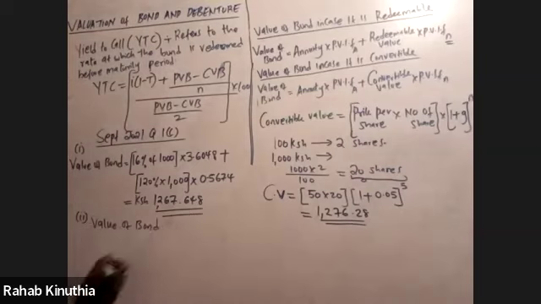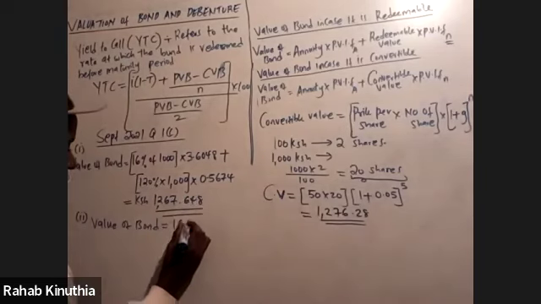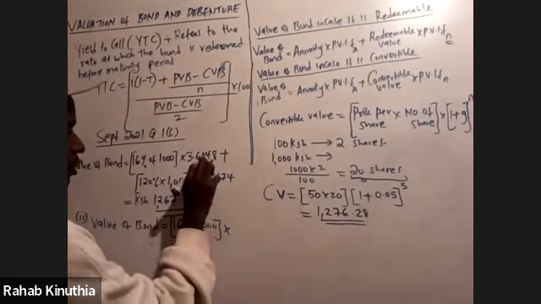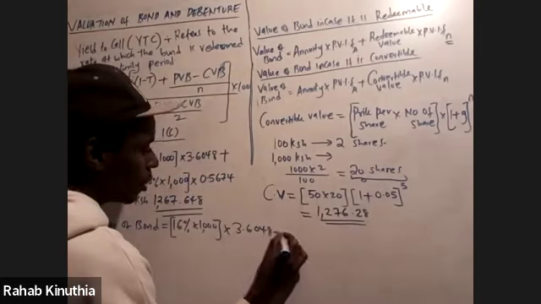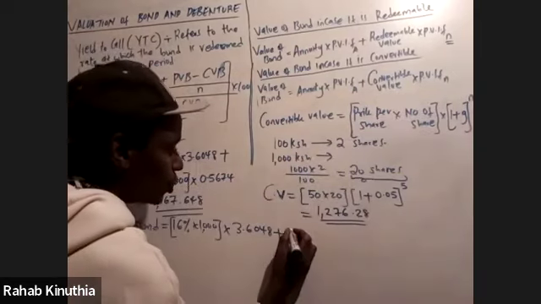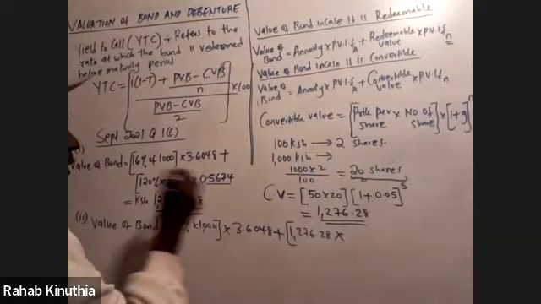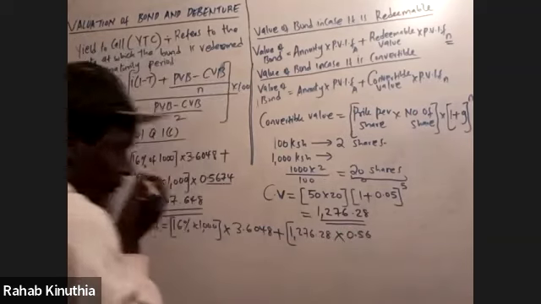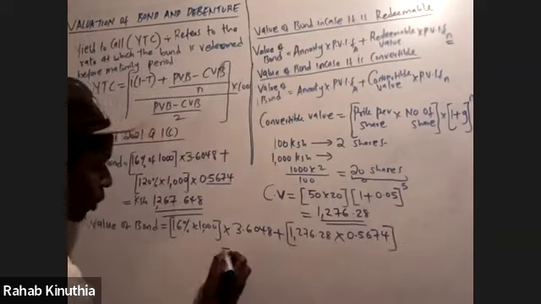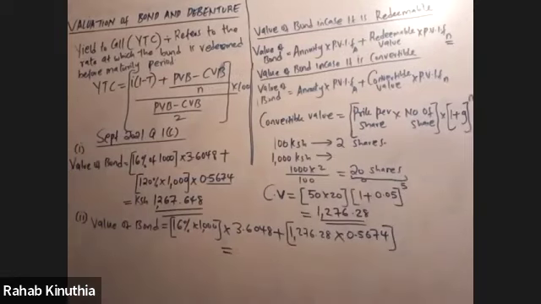This is a convertible value, but we need the value of the bond if we were to convert. So the value of the bond will be equal to 16% of the par value multiplied by the present value interest factor, which is still the same, 3.6048. We add our convertible value, 1276.28, multiplied by the present value interest factor for any period, 0.5674.